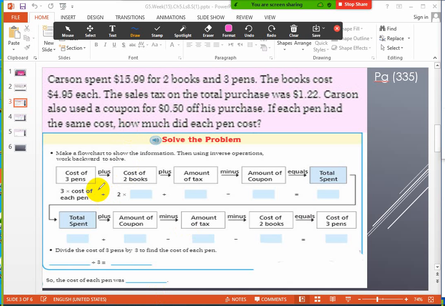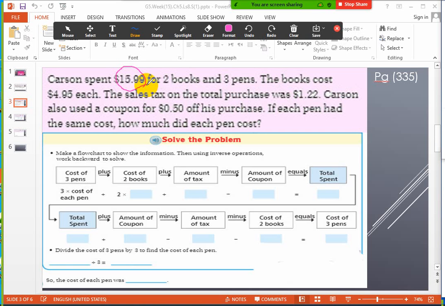First thing, you know that he spent money. What is the amount of money that he spent for those 2 books and 3 pens? He spent 15.99, right? This is the whole money that he spent.